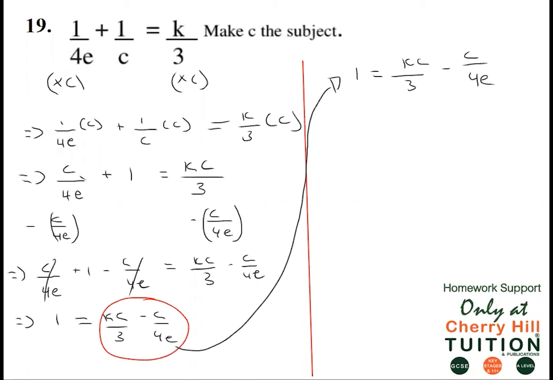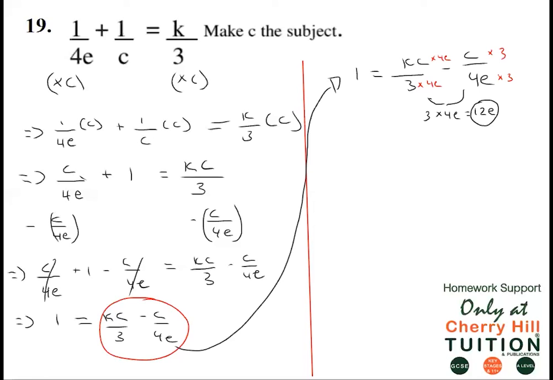So like I mentioned previously, we need to multiply the denominators to give us our desired denominator, which is 12e. And we need to now convert these fractions into fractions that have the same denominator. For the first one, we can multiply this by 4e, and we do the same to the top. And then for the second one, we can multiply this by 3, and we do the same to the top.